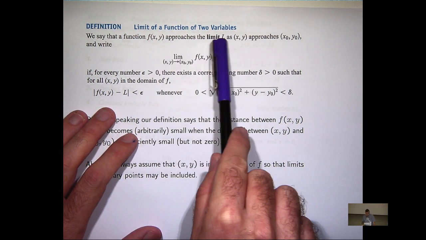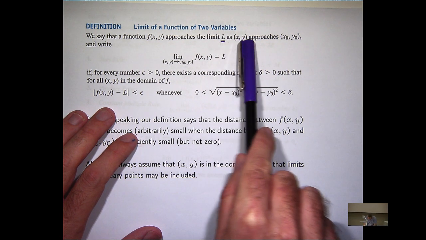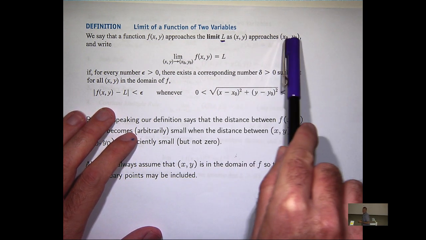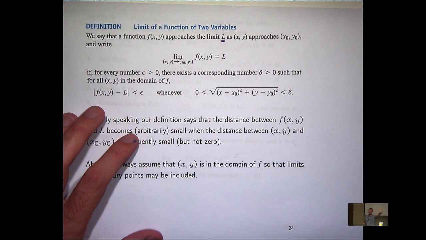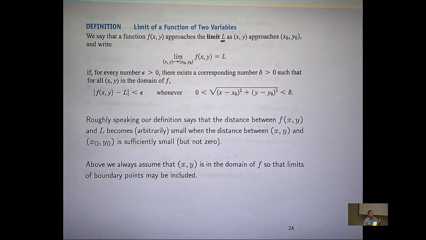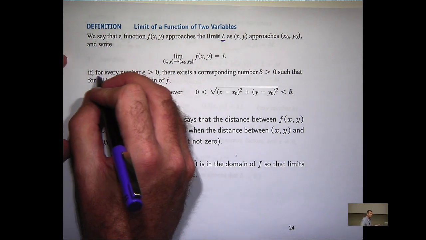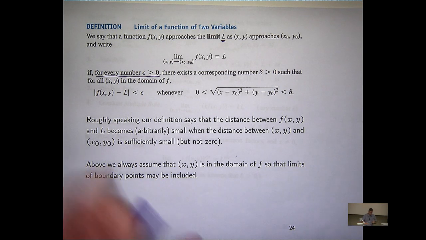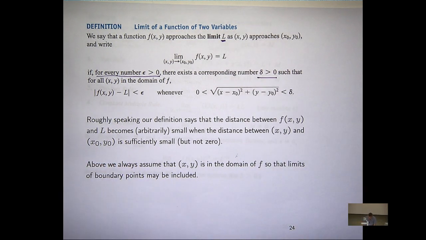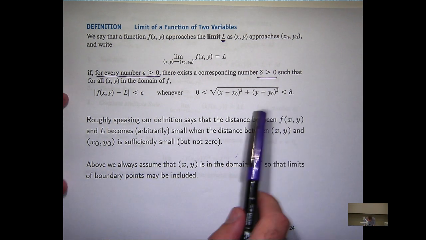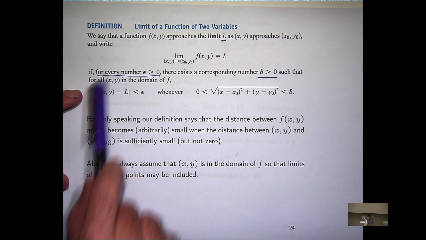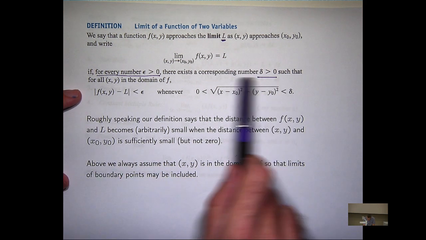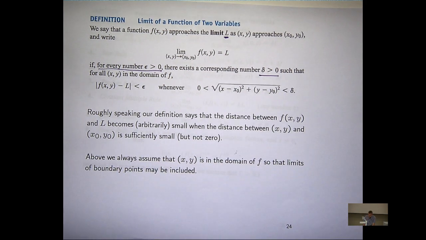We say a function of two variables approaches the limit L as its variables approach some point in the domain, and write this down, if for every positive number, let's call it epsilon, we can choose or construct a corresponding number delta, which is also positive, such that this is less than our epsilon whenever this is less than delta.